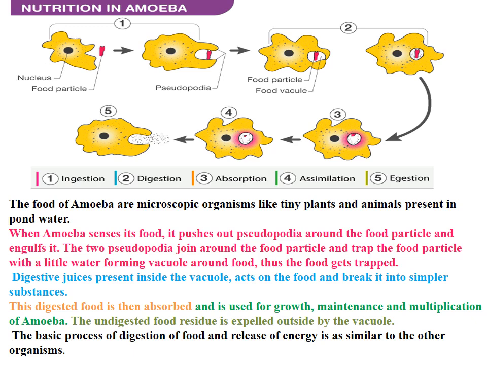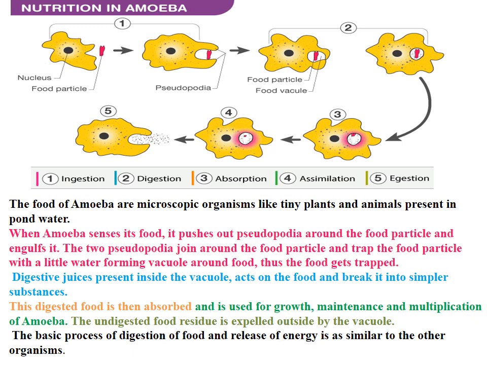After absorbing the food, what is the main purpose of absorbing food? That is used for their growth. Growth means, you know, maintenance. Maintenance is how to maintain their body temperature and maintain homeostasis, and also how they maintain themselves in many harsh conditions around the environment. Next is multiplication.